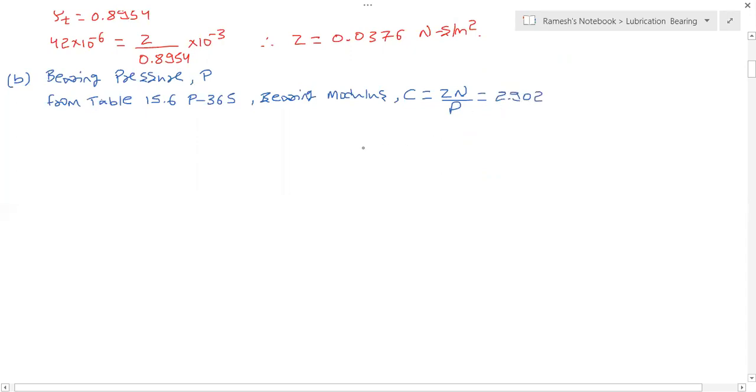Now in the above equation you have calculated the absolute viscosity. Substitute that. The C value is already calculated, it is 2.902.